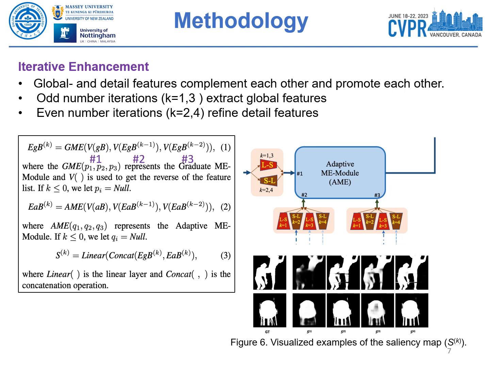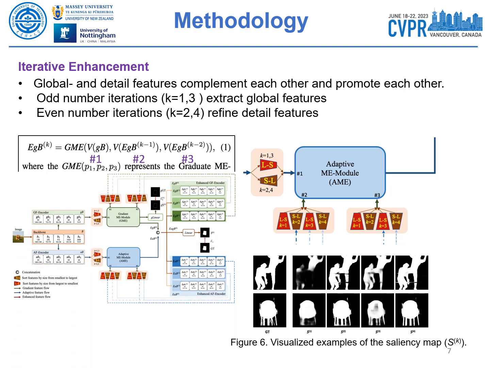After each run, the high and low frequency features, the boundary and global features, are concatenated into a full saliency map, and then the full saliency features are injected into the two ME modules respectively to participate in the next round of feature fusion.